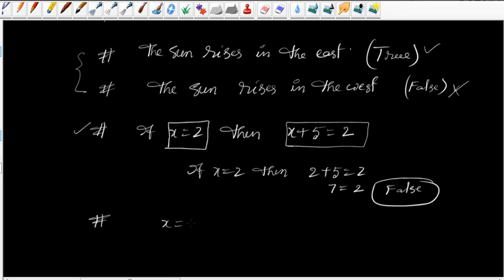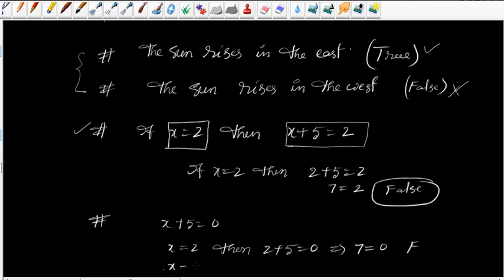One more sentence: x plus 5 is equal to 0. This is a sentence. Is it true or false? We can't decide. For example, if we put x is equal to 2, then 2 plus 5 is equal to 0, that means 7 is equal to 0. Here we get false.